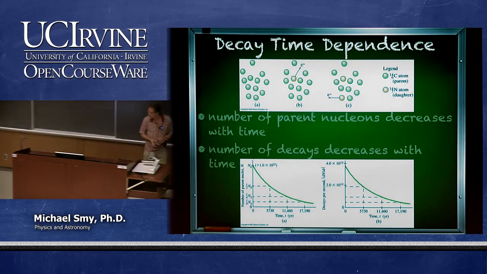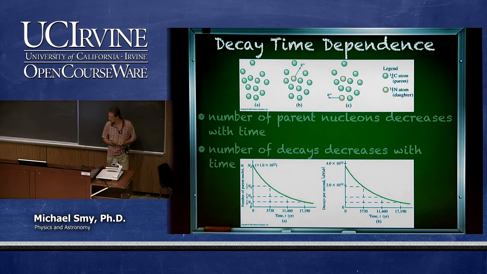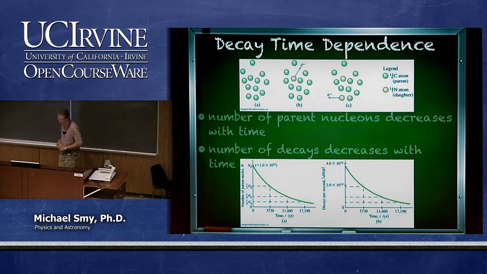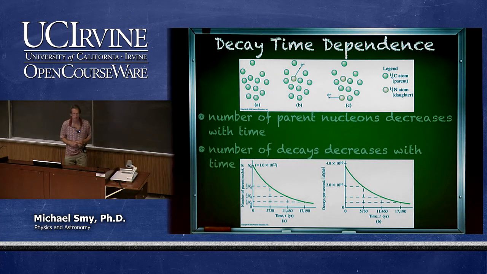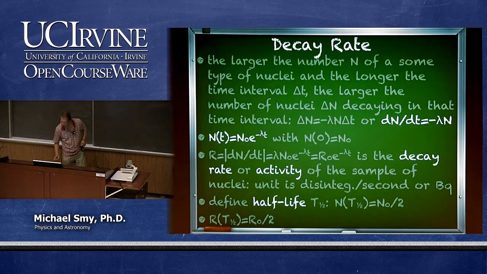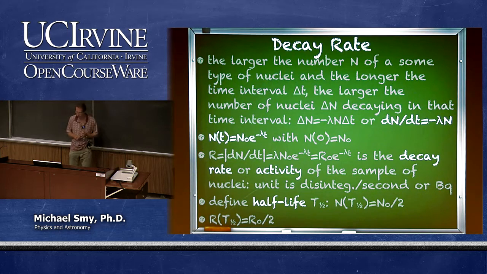Let us now talk about the time dependence of such decays. The number of parent nuclei, as we have seen in the Java applet, decreases with time, of course. And the number of decays that happen every second also decreases with time. And both are exponential decays. We can understand that by observing that the larger the number N of some type of nuclei we have, and the longer the time interval delta t we observe them in, the larger the number of nuclei delta N that are decaying.